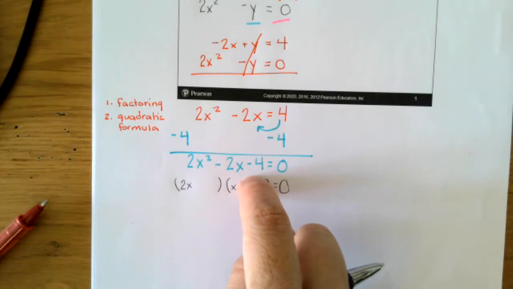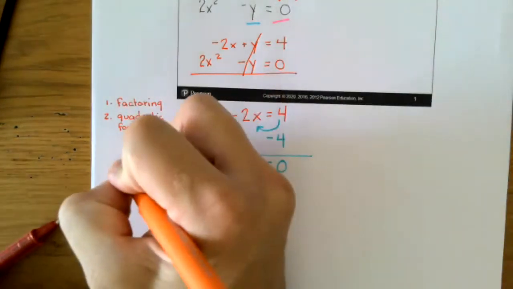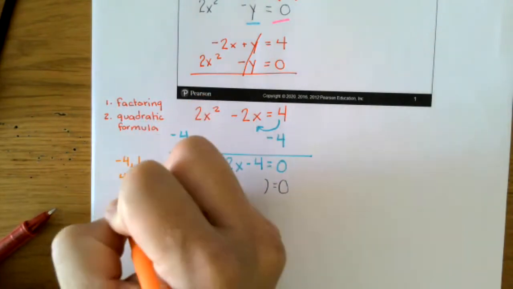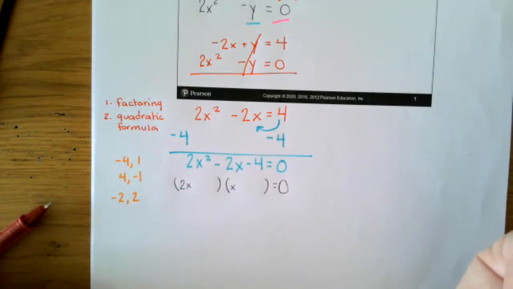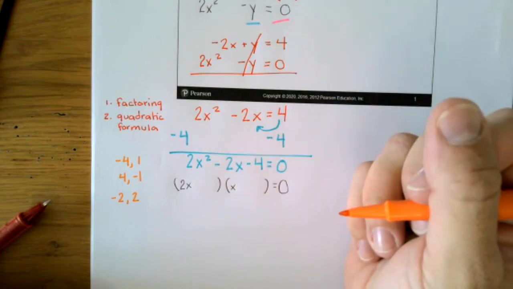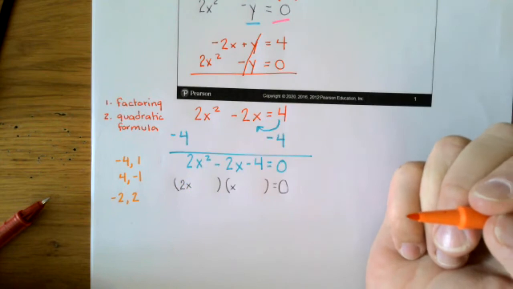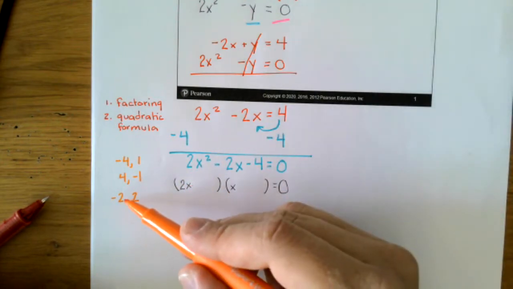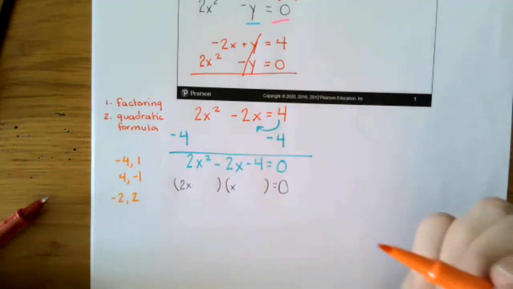For -4, our options are -4 and 1, +4 and -1, and -2 and +2. Which one of those do you think would give you a -2? Because remember, we're going to multiply one of them by 2. So I think if we multiply the 2x by -2 and the regular x by +2, you'll get a -2x.